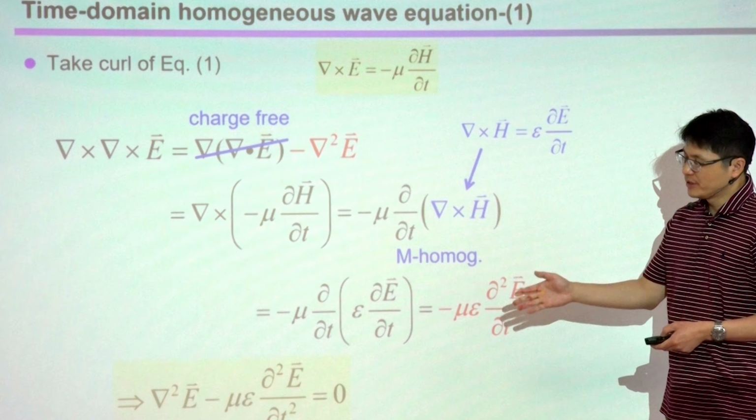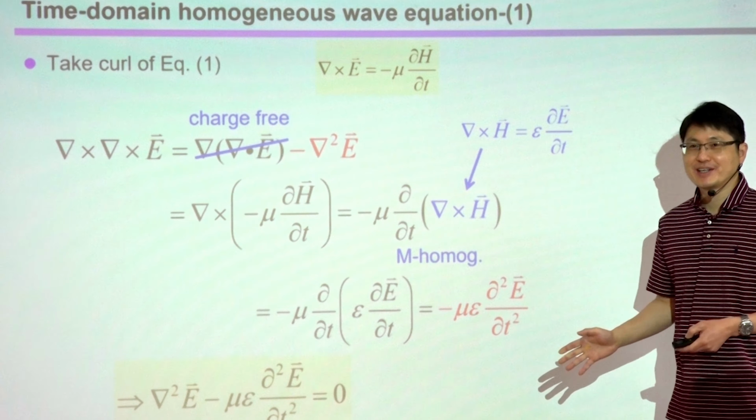Have we learned this before? Actually, we did. This is, just by replacing E by voltage, something we learned in the past in transmission line, okay?